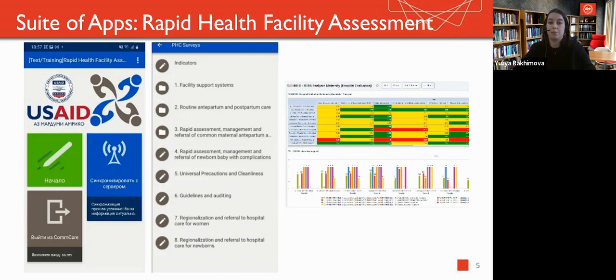Thanks to digitized processes, the team conducted the assessment and completed analysis in a record 1 month, enabling us to redirect the time to improve supportive supervision. A mini version of this application was also developed that made it easier to conduct self-assessment.